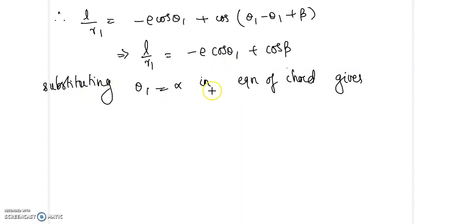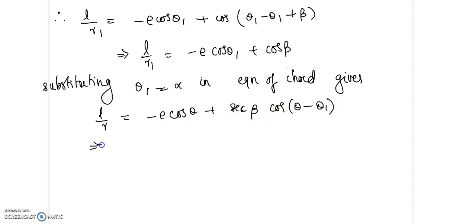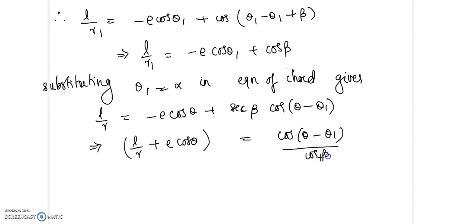To substitute theta 1 equal to alpha in the equation of the chord, so that is going to give L by R equal to minus E cos theta plus theta cos theta minus theta 1. So that will give L by R plus E cos theta equal to cos theta minus theta 1 by cos theta minus 1.